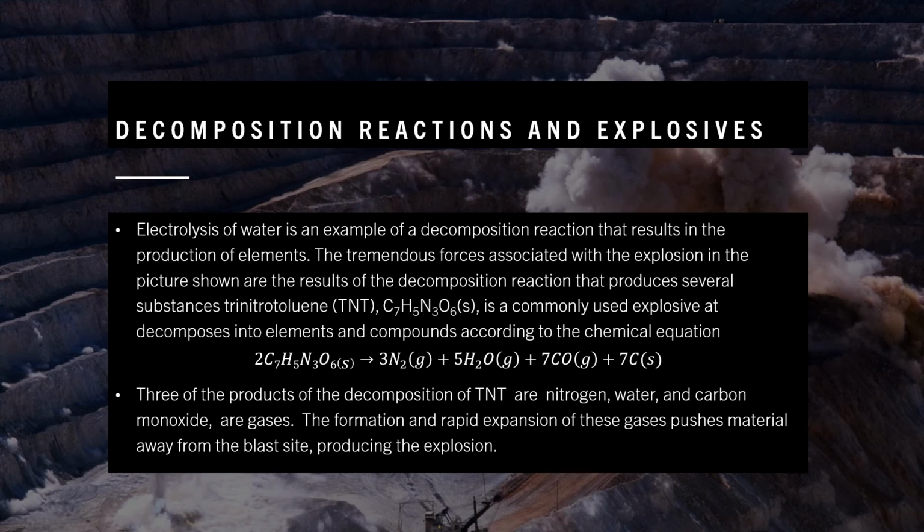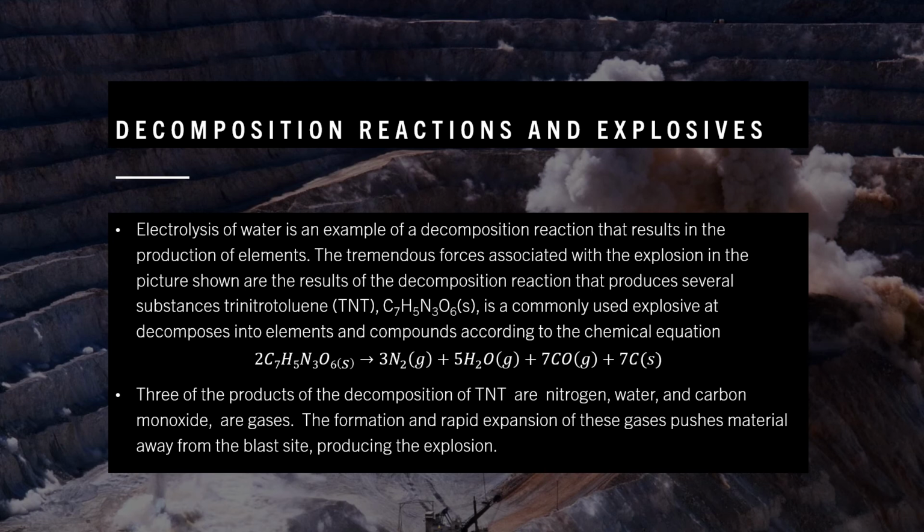trinitrotoluene, TNT, which is C7H5N3O6, is a commonly used explosive that decomposes into elements and compounds according to the chemical reaction equation 2C7H5N3O6 produces 3N2 plus 5H2O plus 7CO plus 7C.